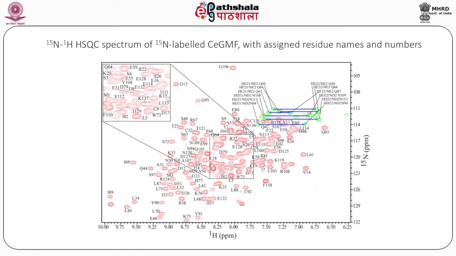So by this analysis of various backbone assignments, we are now able to assign the amide NH peaks to their respective positions in the sequence. The peaks in green are the side chain NH2s and they are labeled, for example, He21 and Ne2 of Q44 and He22, Ne2 of Q44 and so on.